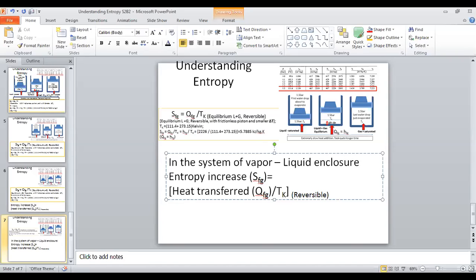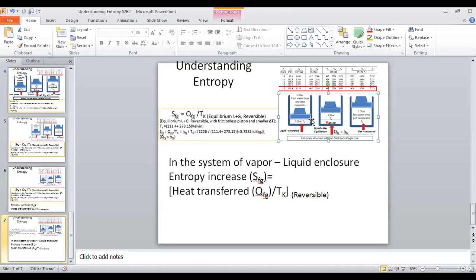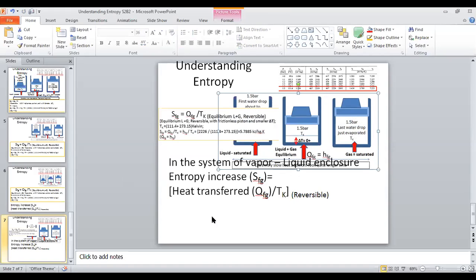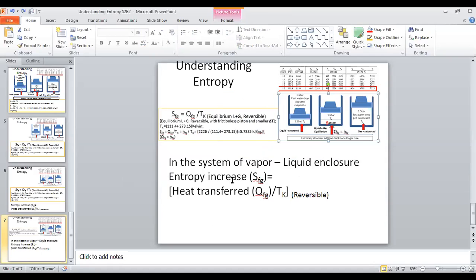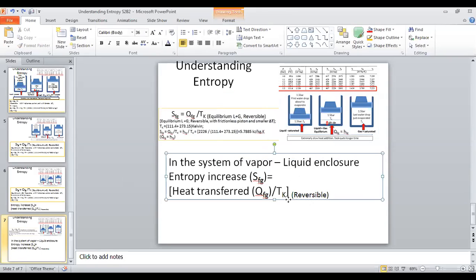We call this the vapor liquid enclosure, so that is reversible. So the entropy increase becomes this.